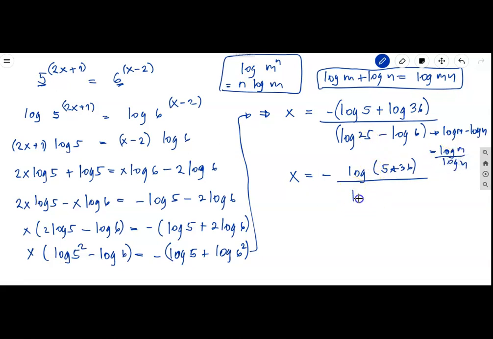Therefore, you will now get log 25 over 6. Then plug it into your calculator, and you get the answer, approximately negative 3.64.